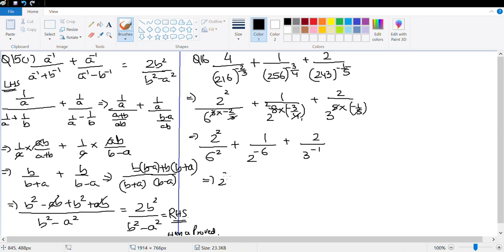That's 2 to the power 2 multiplied with 6 to the power 2. I take it in the numerator, plus 2 to the power 6 plus 2 into 3. That's 4 into 36. That's 144 plus 2 to the power 6. That's 64 plus 6. That's equal to 214.